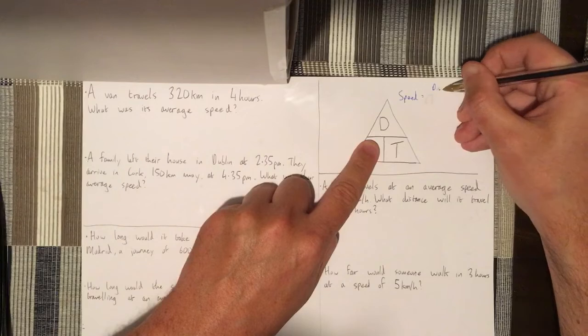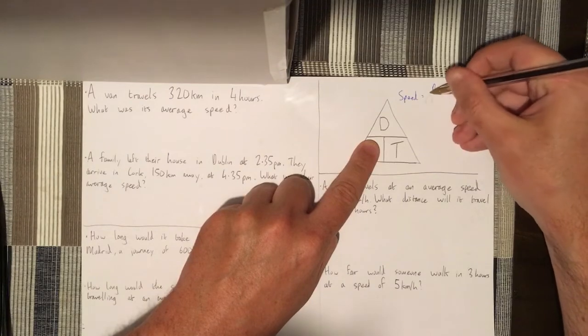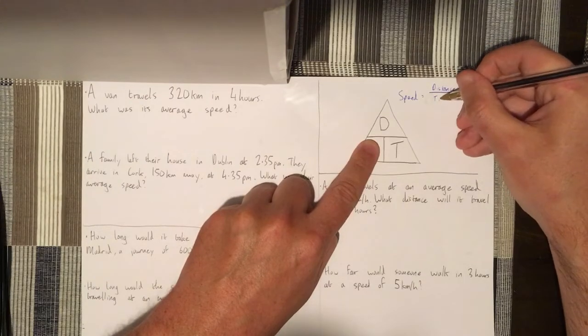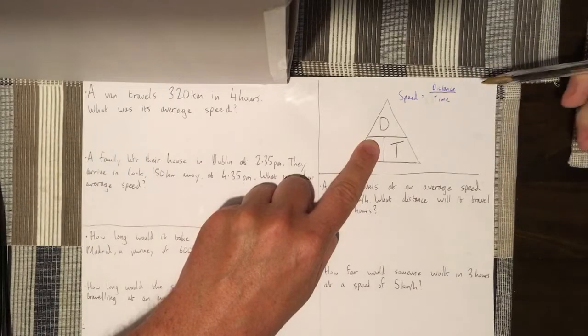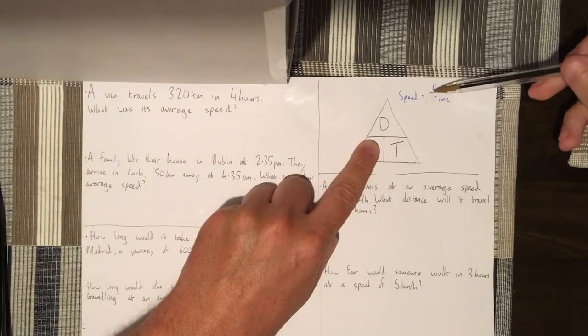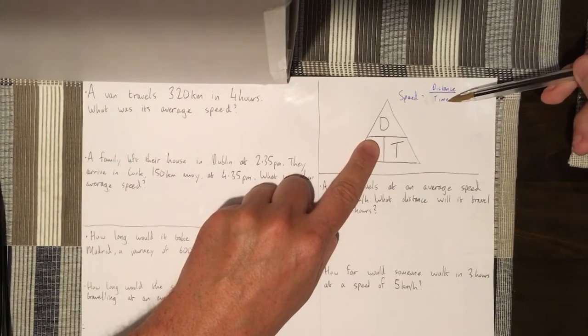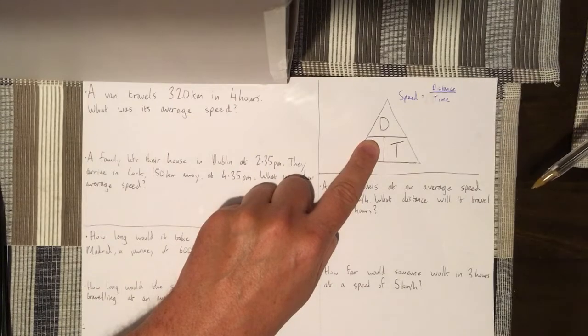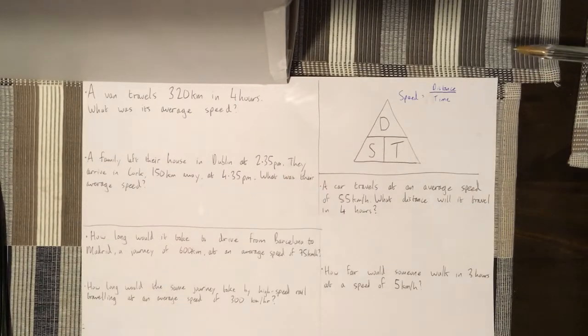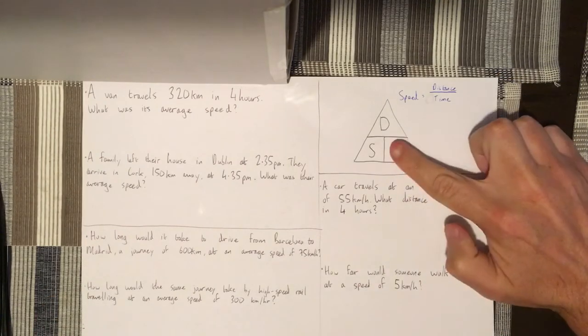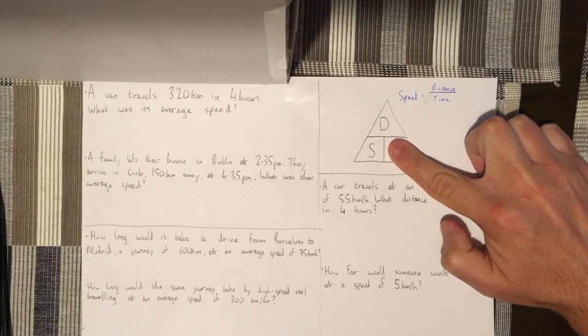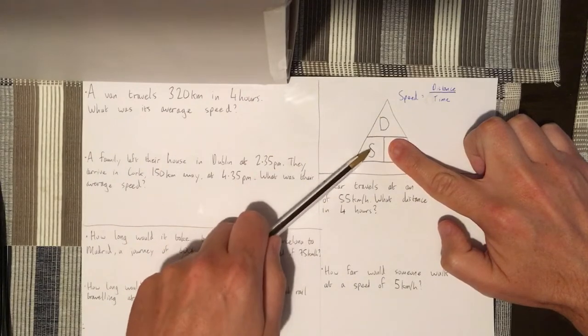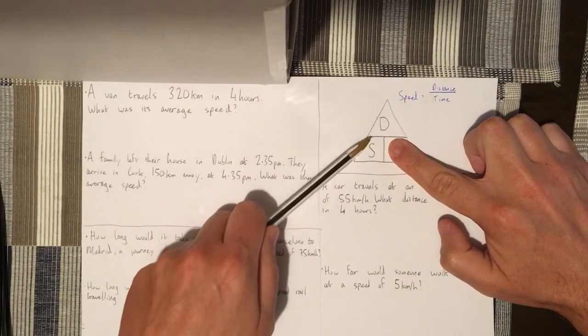It's distance over, meaning divided by time. So if you have the distance the journey was, and the time it took, divide those by each other, that's your speed. If I was asked for time, and I'm going to be asked for time in these examples down here, I cover up the T for time, and I'm left with D over S, distance over speed.